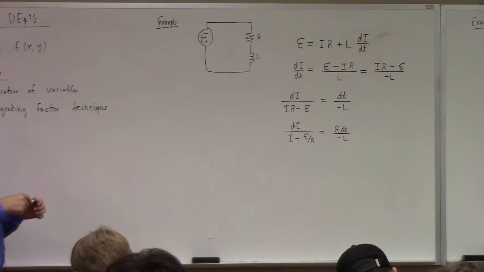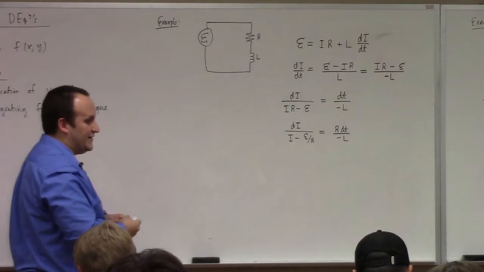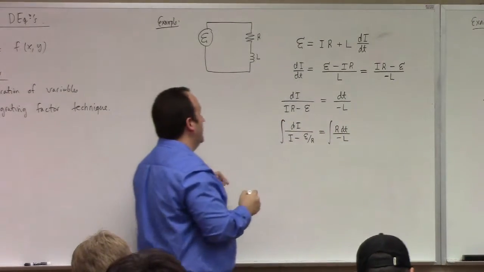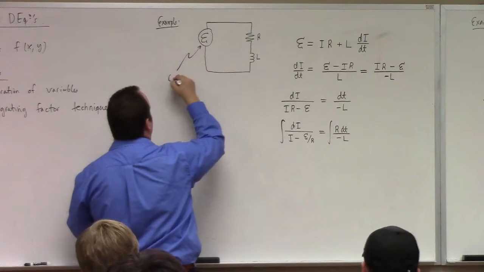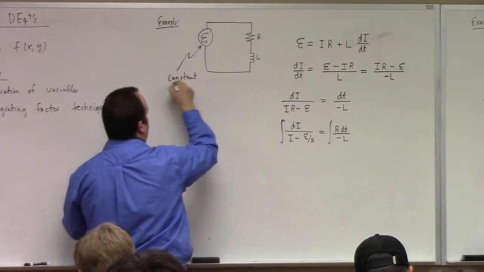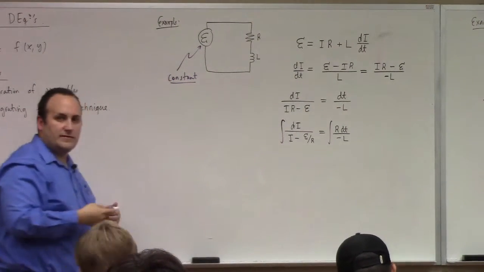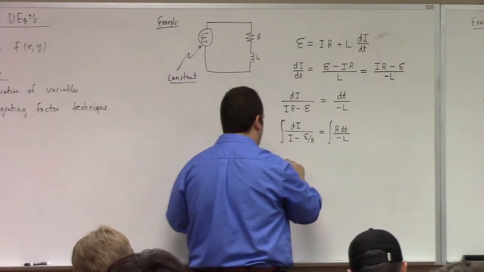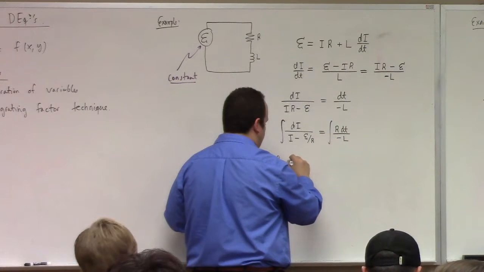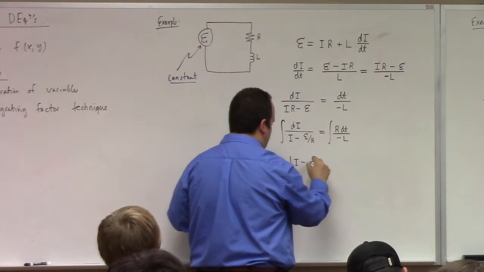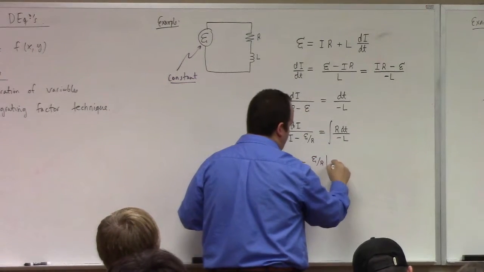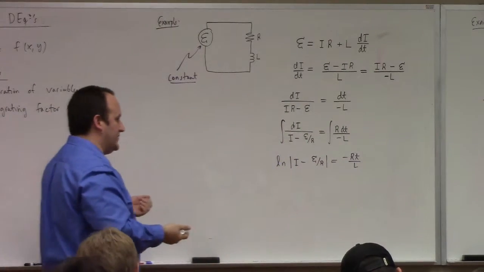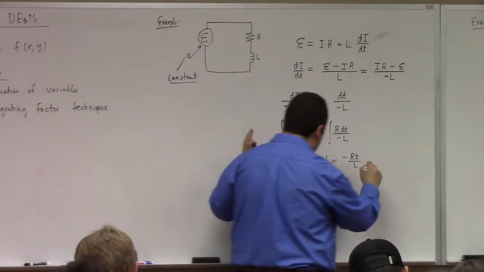Now I'm going to integrate. I've done enough algebra so that my integration is easy, right? We're assuming that this is constant, by the way. I'll explain more about what we could do when it's not a constant in a minute, but natural log the absolute value of I minus E over R is equal to minus Rt over L, plus a constant, come on.